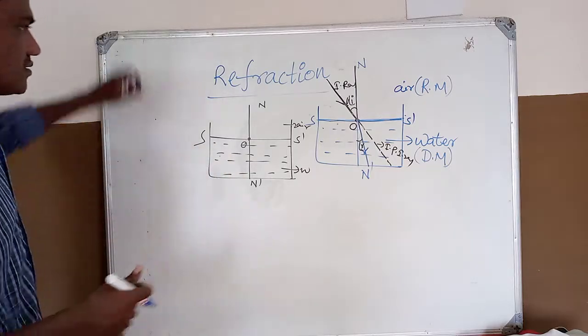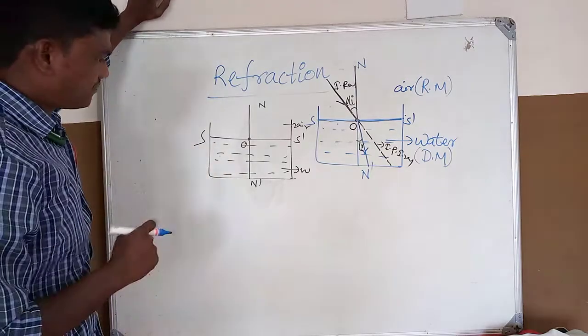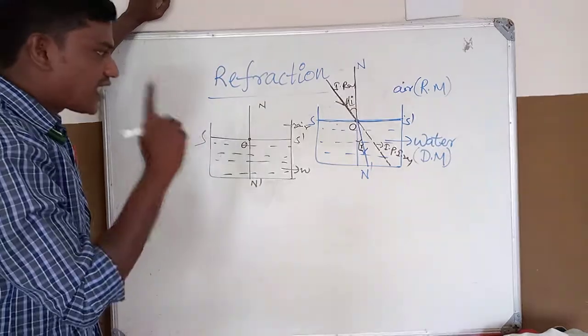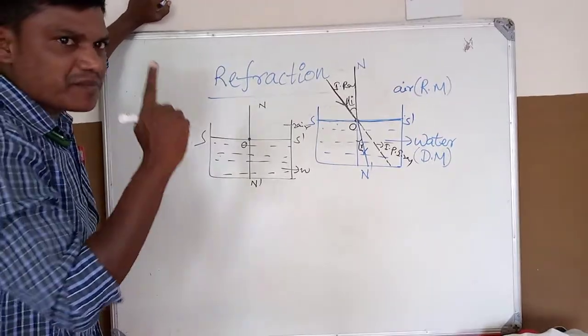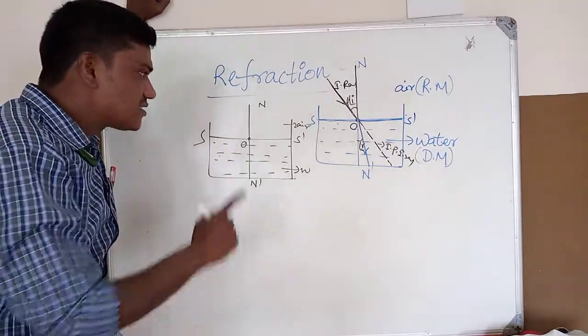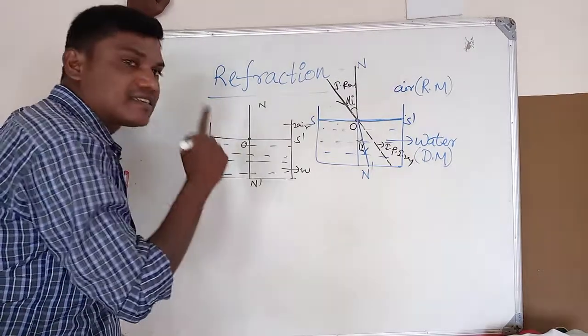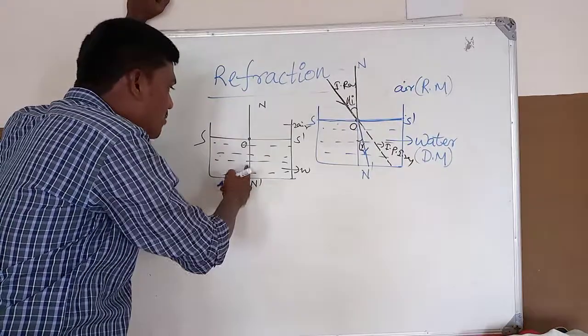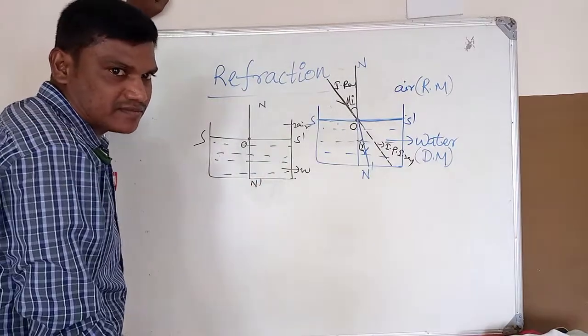So I say, in what cases is the light ray not deviated from its initial path? There are two cases. The first one is when the light travels along the normal to the refracting surface.